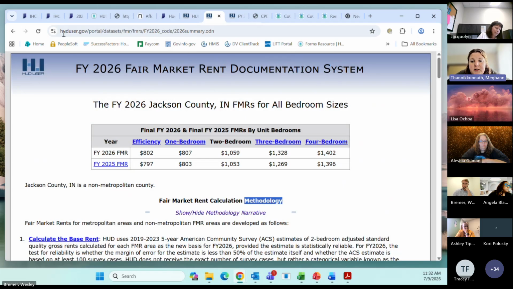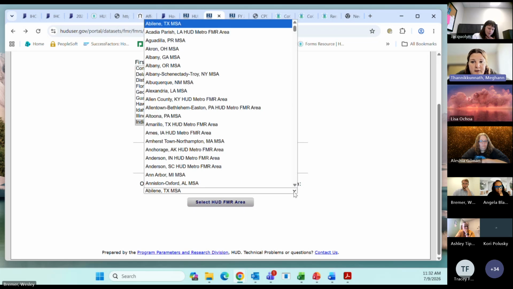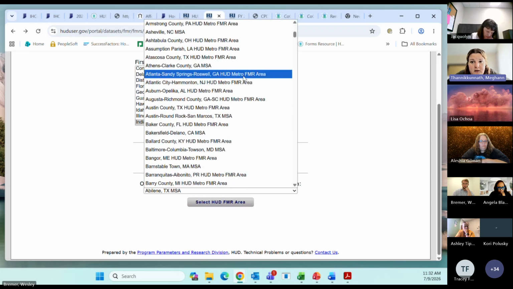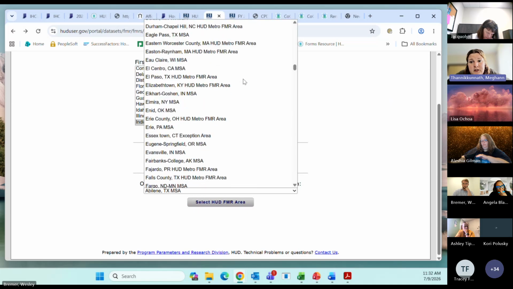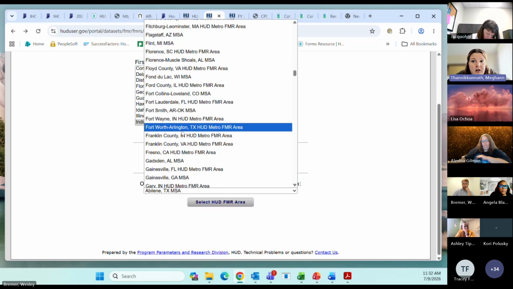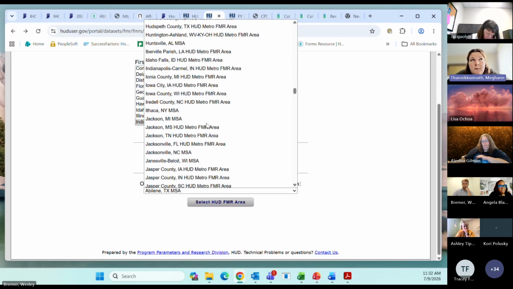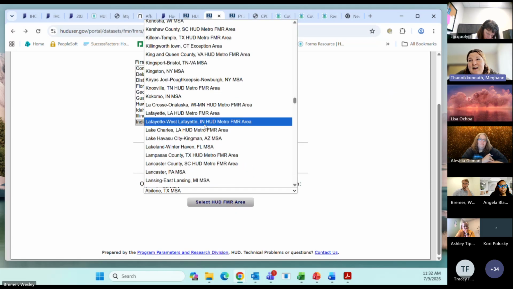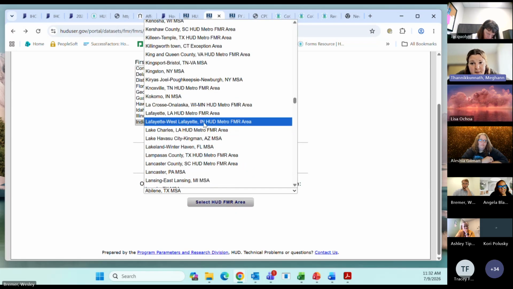The other thing we want to show you is a feature called small area FMRs, or SAFMRs. That is something you are able to use if you cover a really big geographic area, as many of you do, or an area where rent varies very widely from zip code to zip code.